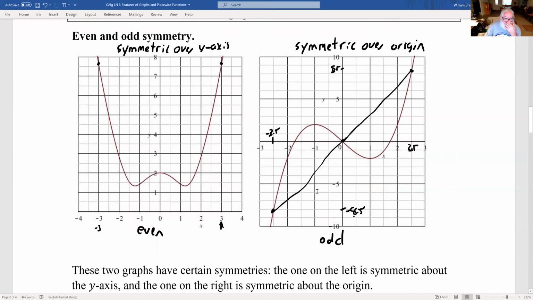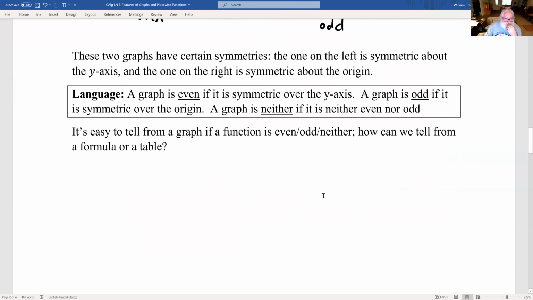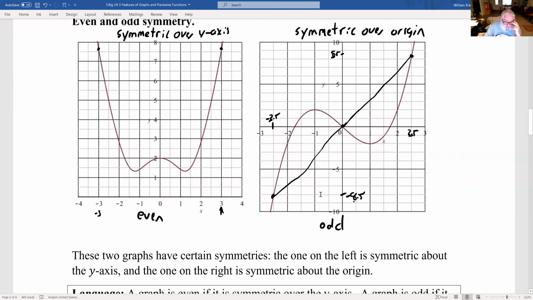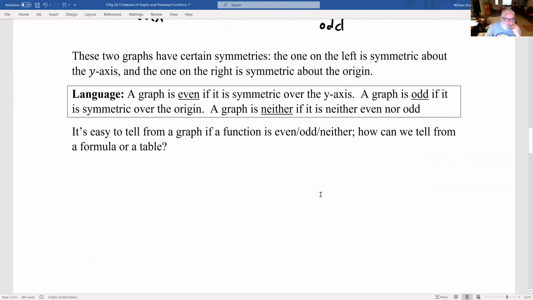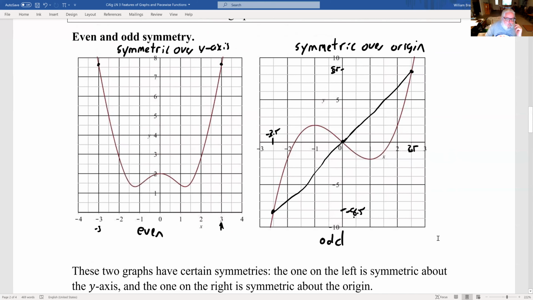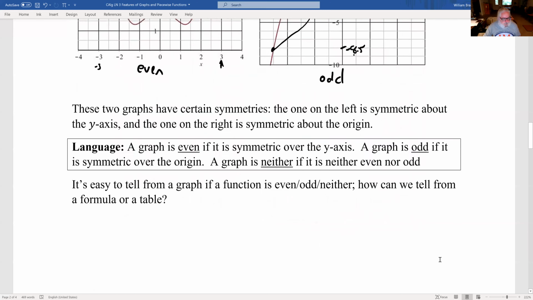So from a graph, you can tell if it's even or odd pretty easily because you just sort of look at it and see if it has the correct symmetry. But how can you tell from the formula or a table? Well, we'll set up a table for this one. We'll call this one f of x. And we can set up a little table for that.